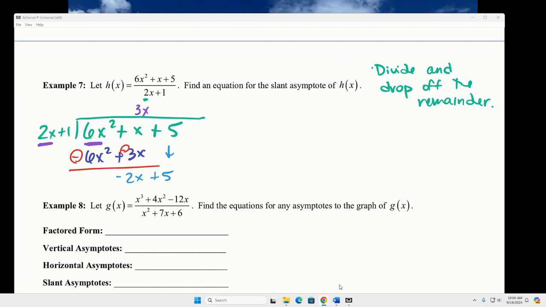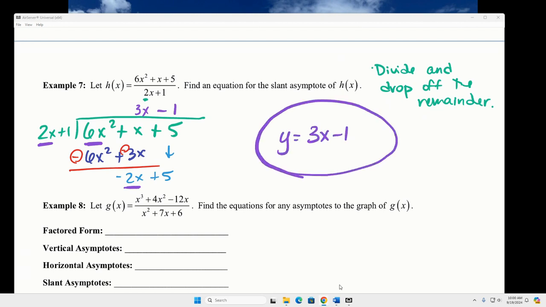All right, then I'm going to ask myself, what do I multiply 2x by to get negative 2x? Negative 1. And then I can stop. So it's just one full cycle and then just the first step of the last cycle. And so the equation of the line, the slant asymptote, is y equals 3x minus 1.